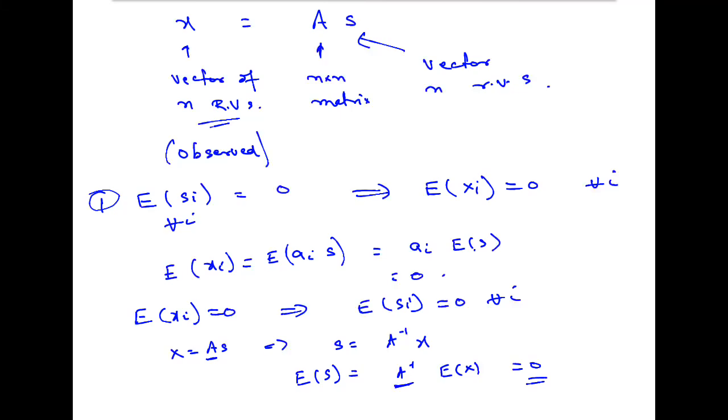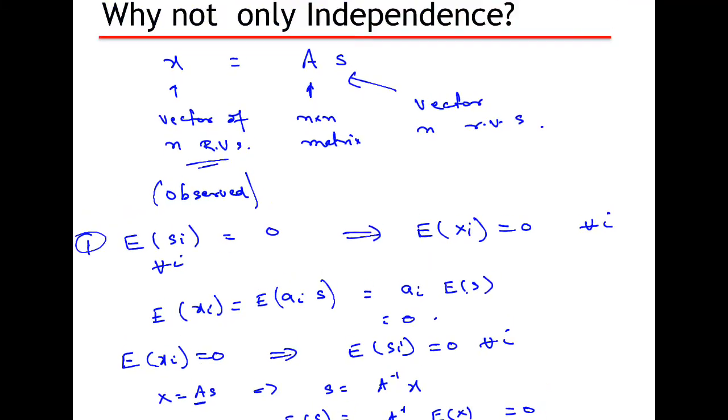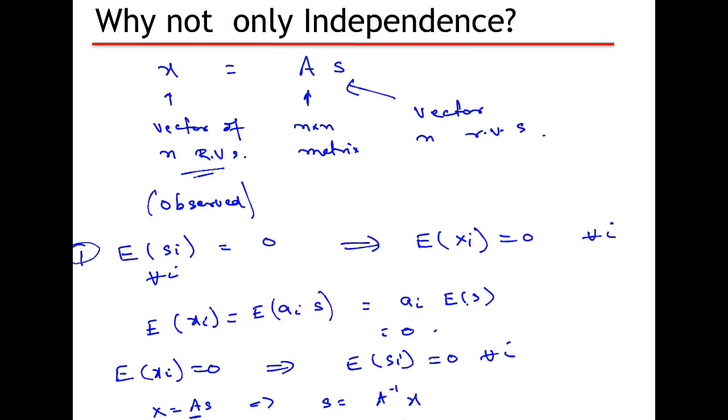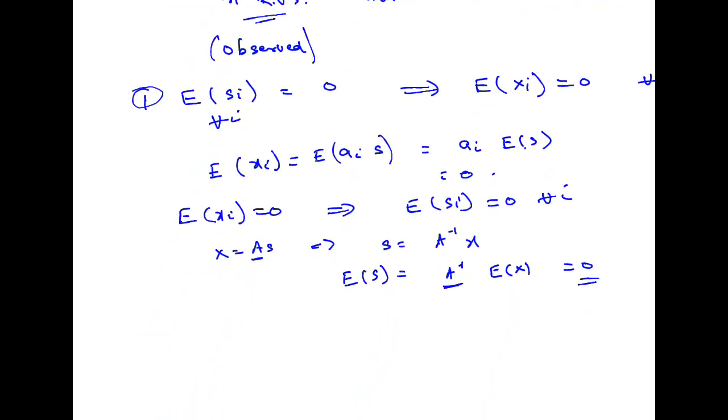Second, we saw ambiguities because of scaling. Right? What you could do is, you can scale up A and scale down S, and that leads to ambiguities. So we have to resolve it. So we make the second assumption, which is E of Si squared equal to 1.